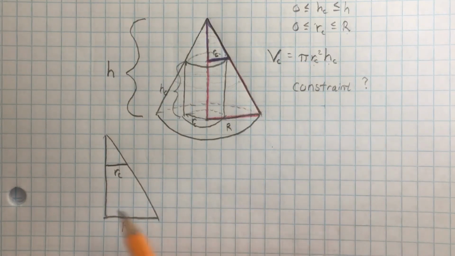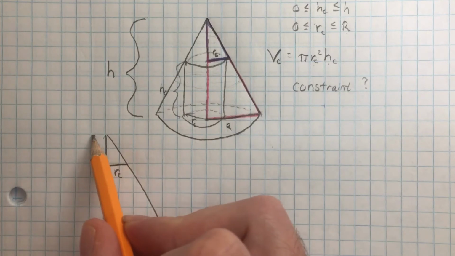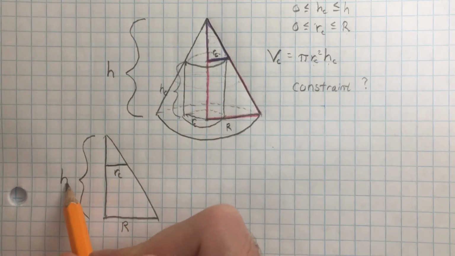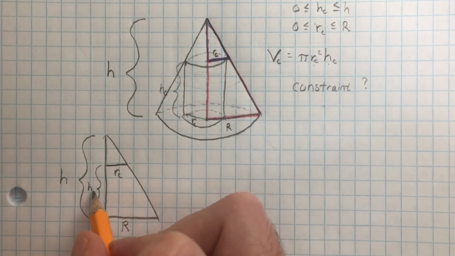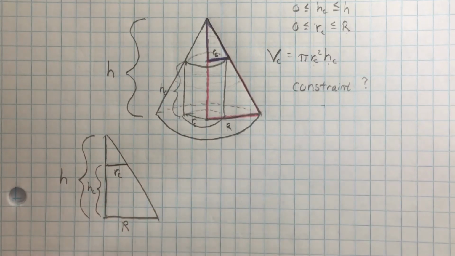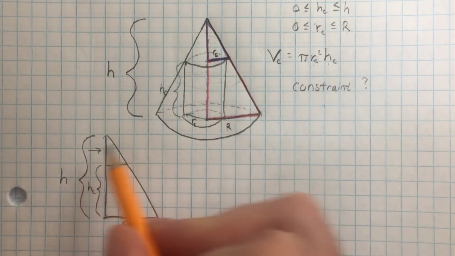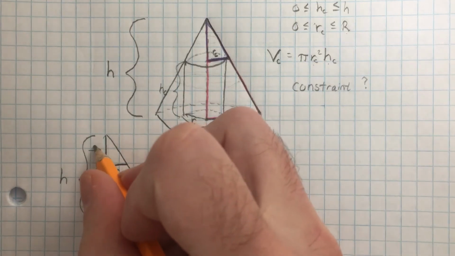So these two are proportional, and then we have that this whole height here is really the height of cone. We know that this height here is height of cylinder. What we'd really like is something representing this piece there. So I'm just going to call it L for a second.